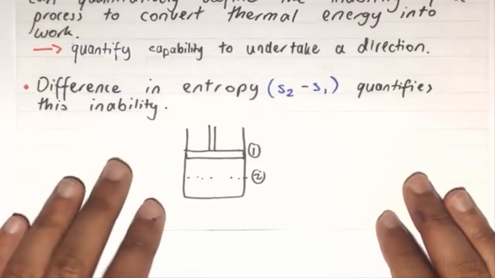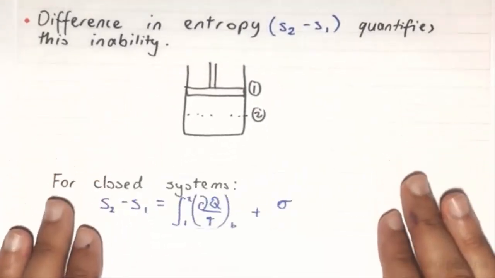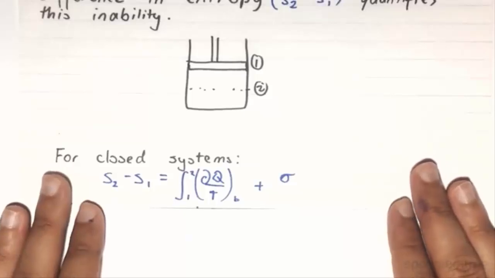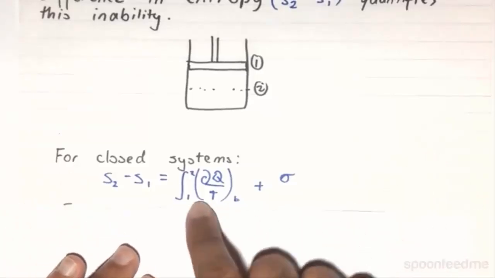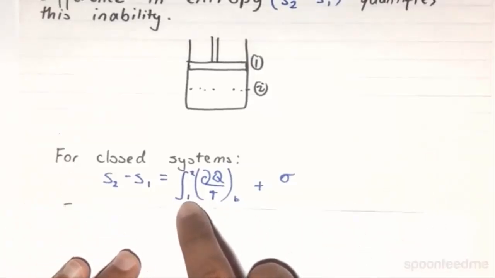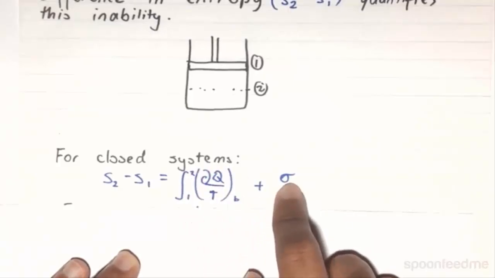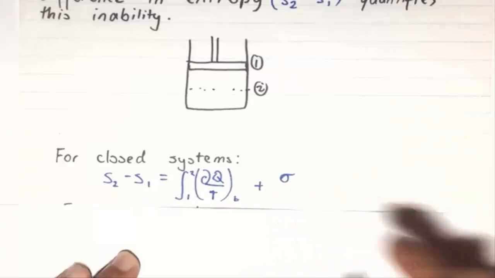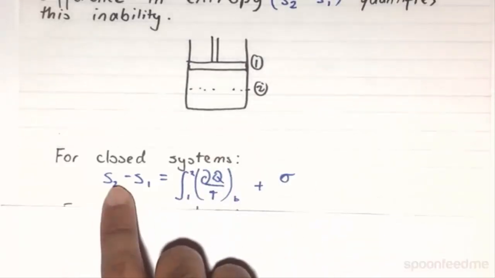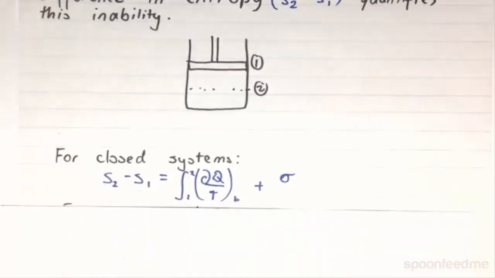Now, the equation that most of us use is the following balance equation for closed systems. That is, S2 minus S1 is going to equal the integral between state 1 and state 2 of del Q on T at the boundary, plus sigma. What this has already been defined as is a change in entropy.